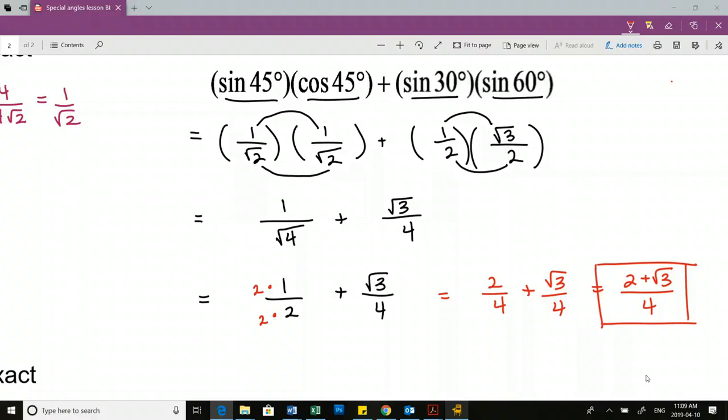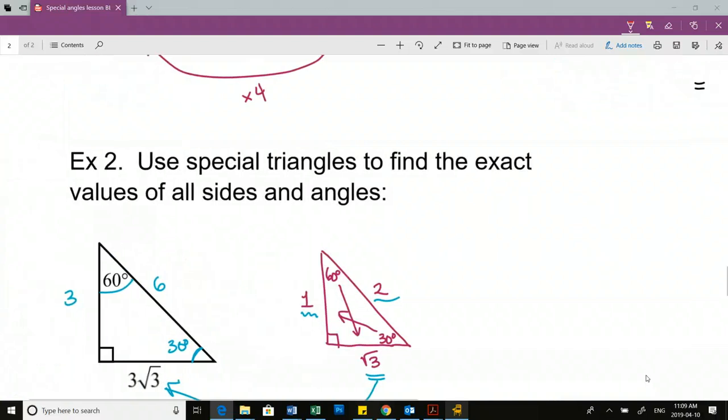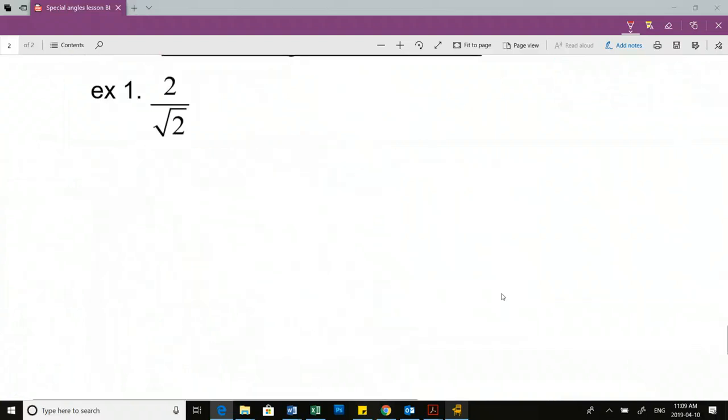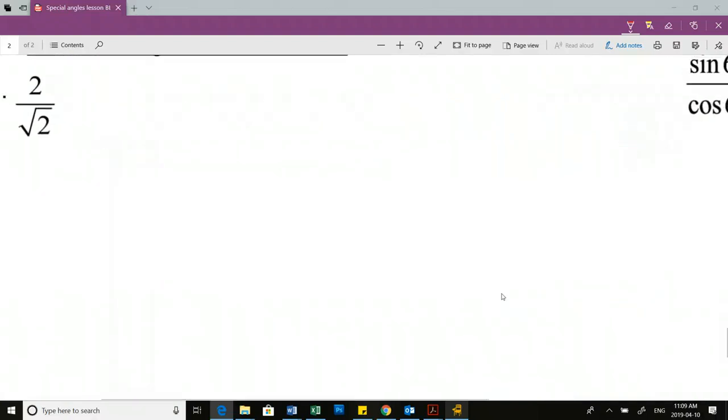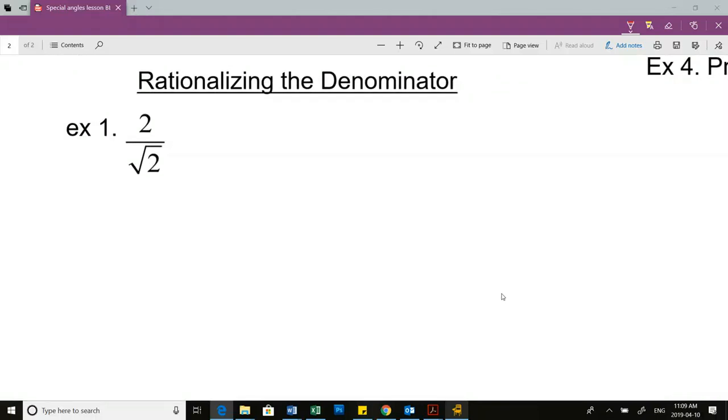Okay? Okay, there's one thing that you might see in your travels, and I want to make sure that you guys know how to do it, just in case you happen to come across it. If you have one of these calculators, like the black ones or the gray ones that have the orange buttons and they leave your stuff in radicals, this will explain to you why you get certain answers in this calculator.